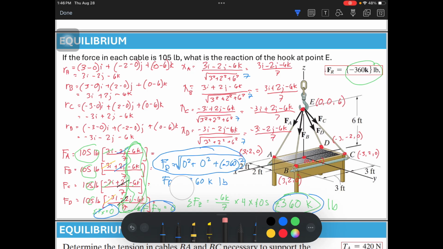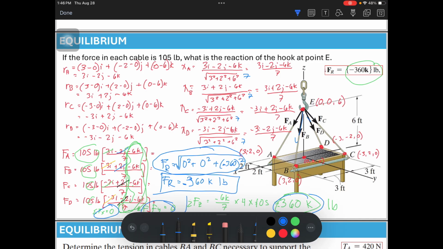So what do I mean? FR, when you use the Pythagorean theorem, is 360. But when you plot it, of course it is downward, so it is negative. So your resultant is 360 downward.